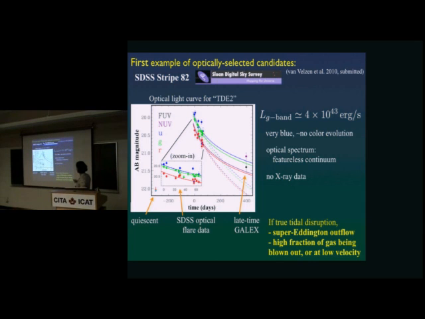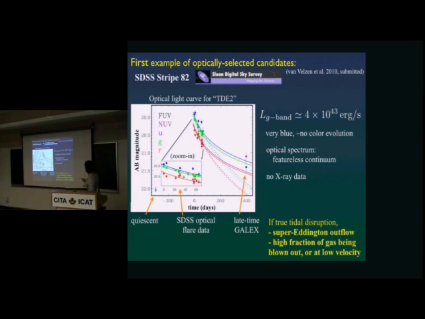In the u, g, and r bands, blue, green, and red, they have 10 data points each spanning about 2 months. They don't have very good constraints on when the flare actually began, just because of the cadence of the survey. Then they have some galaxy points a year and a half or so after the event.